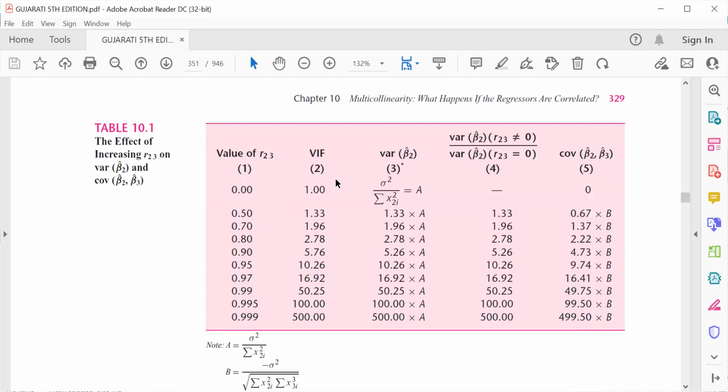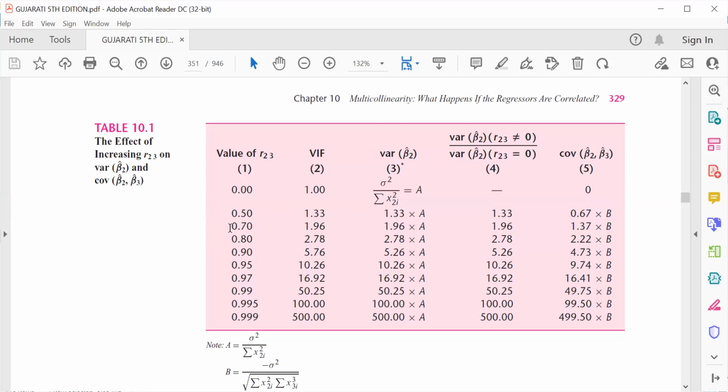If the correlation between variable number 2 and variable number 3 is 0, then the variance inflation factor is 1. If we have 50% correlation, we have 1.33.